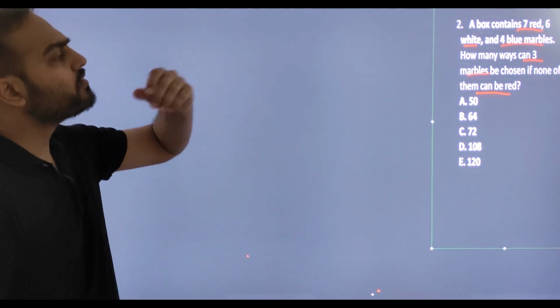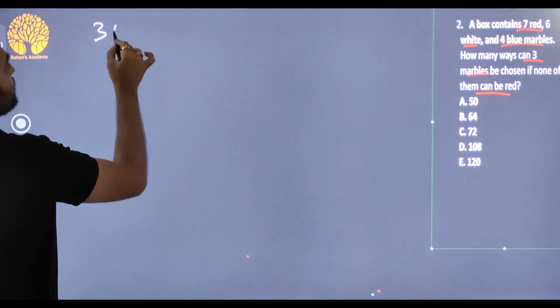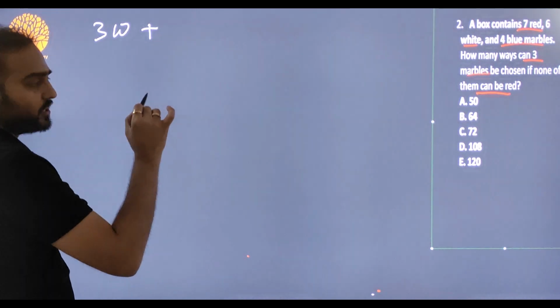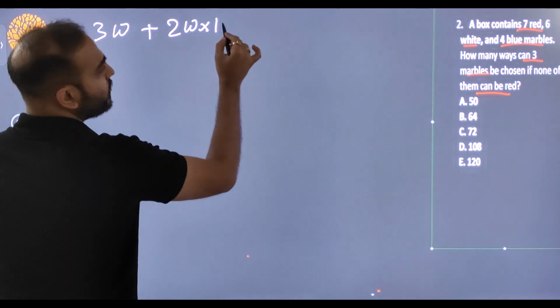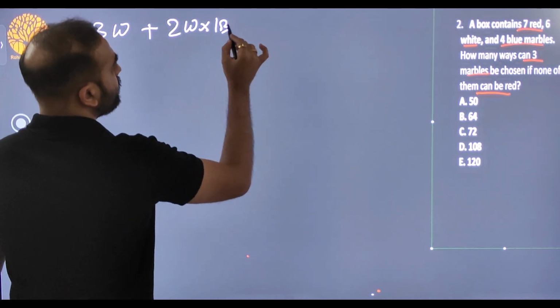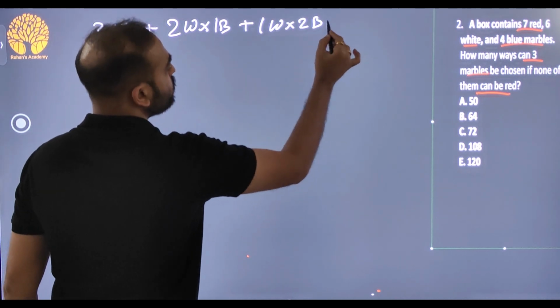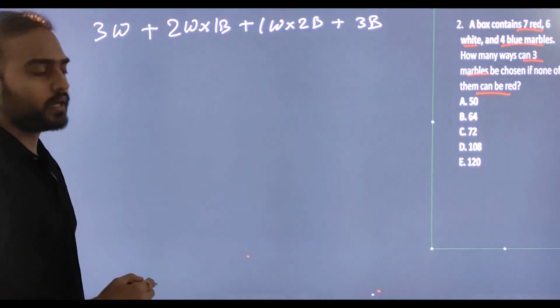So what are the various cases I can have? Either I can take three white, or, which basically means addition, I can take two white and one blue, or I can take one white and two blue, or I can take three blue marbles, right?